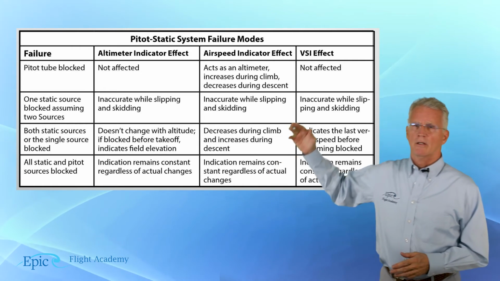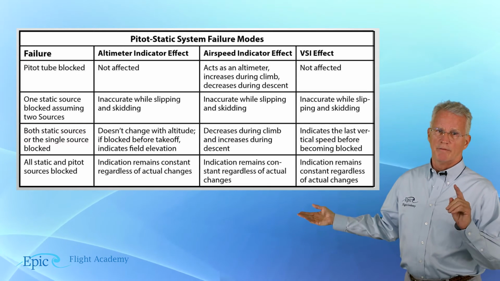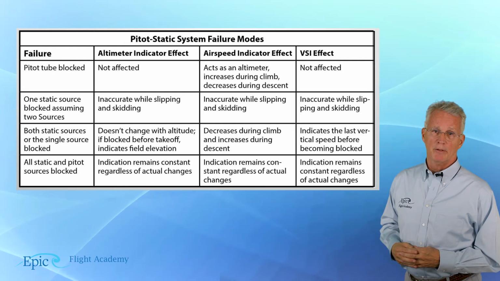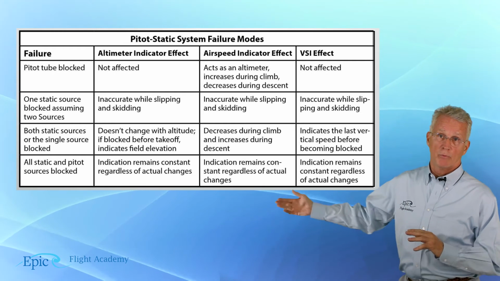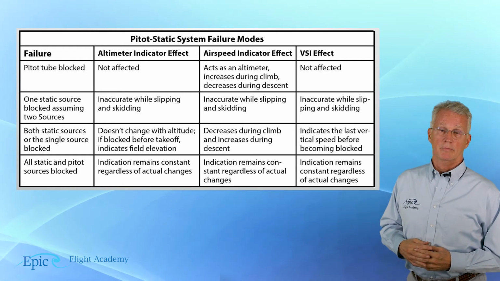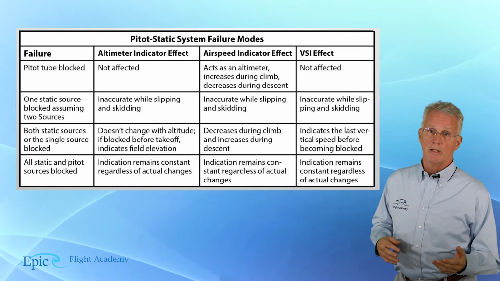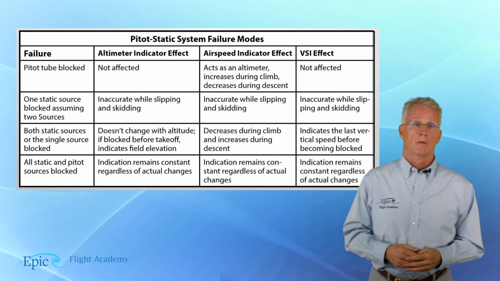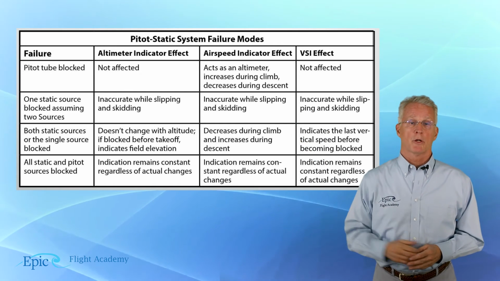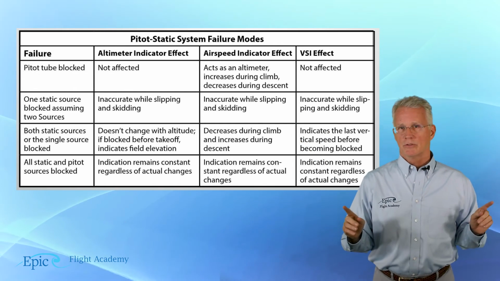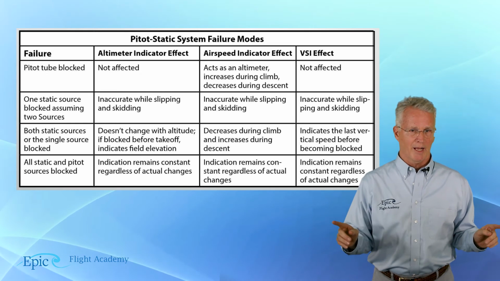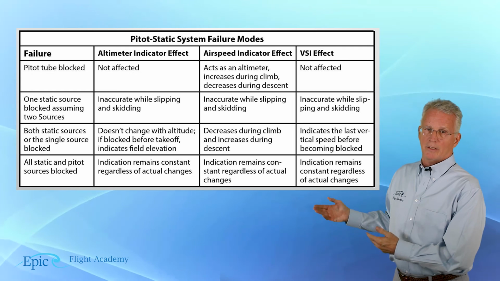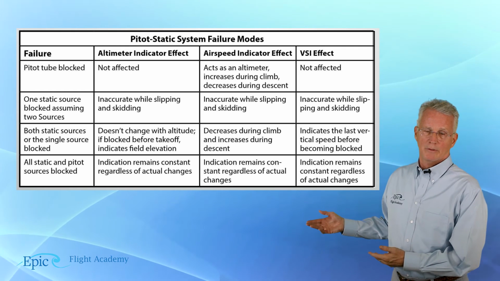Now, take a look going down the left-hand column. If one static source were blocked, what effect on the altimeter? It would be inaccurate if we were to slip or skid the airplane. The airspeed, same thing, inaccurate, slipping and skidding. VSI, same thing. Coming down the left-hand column, let's look at our third error. If both static sources were blocked, now the altimeter doesn't change with altitude.